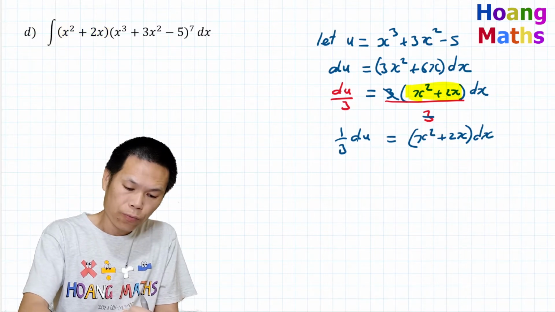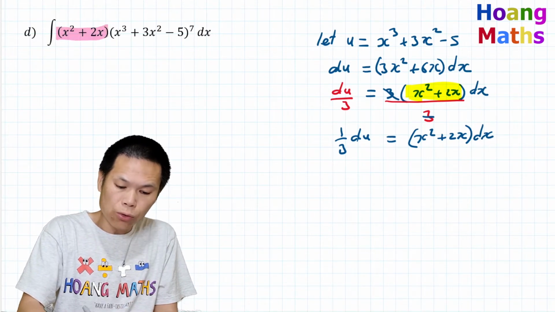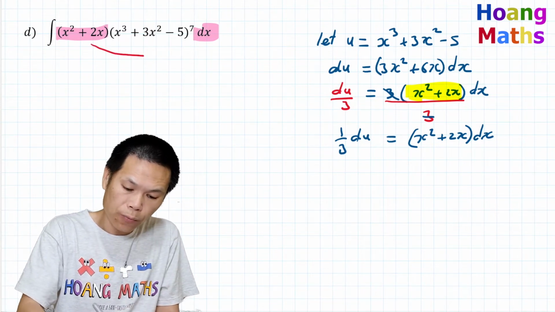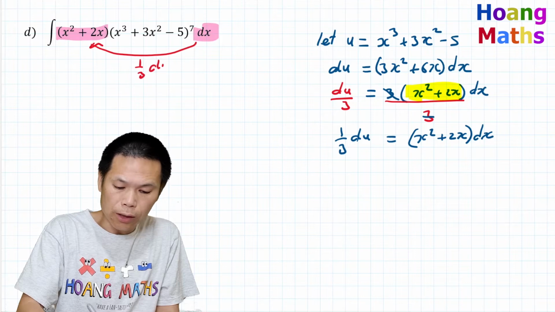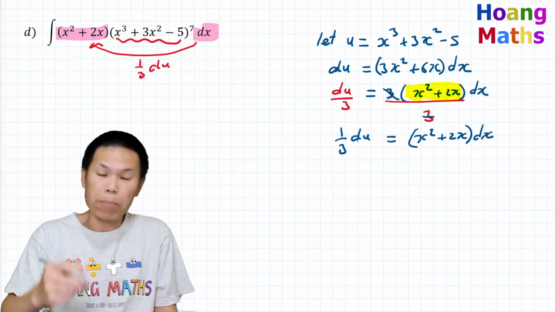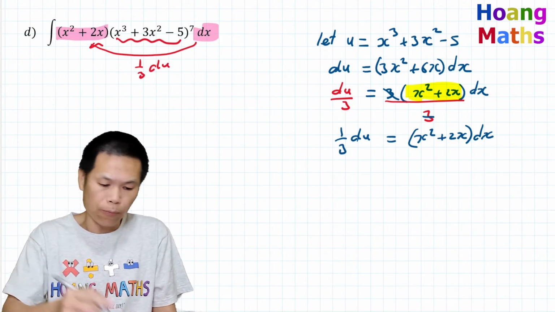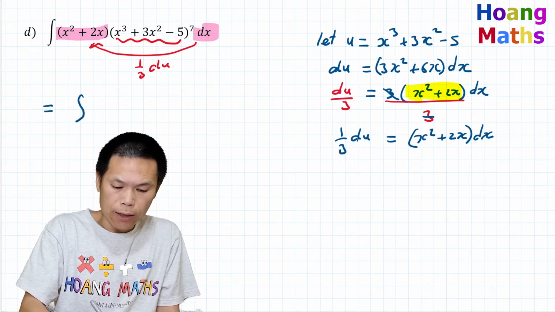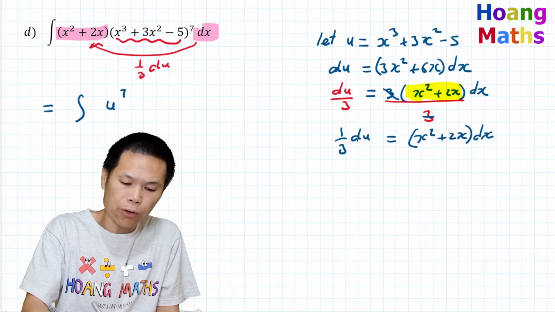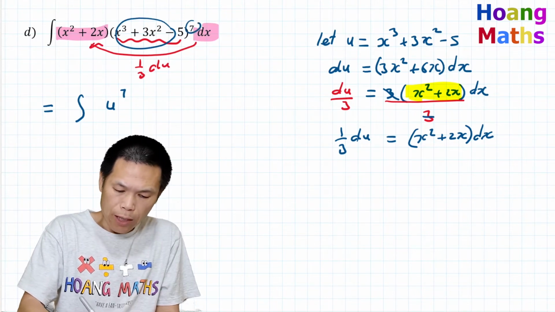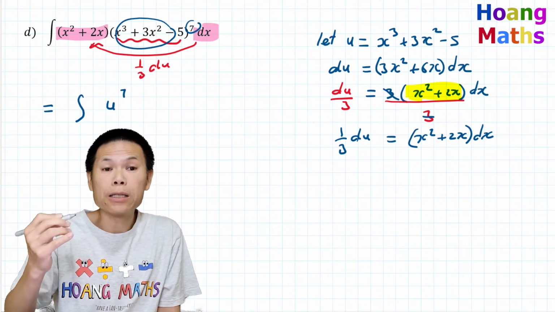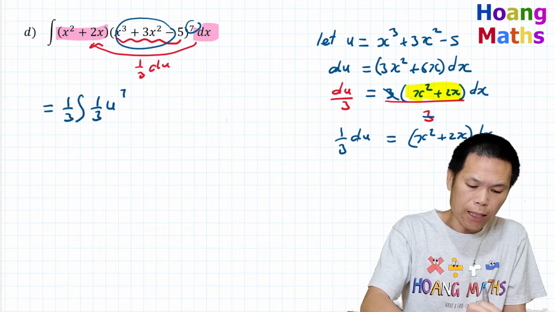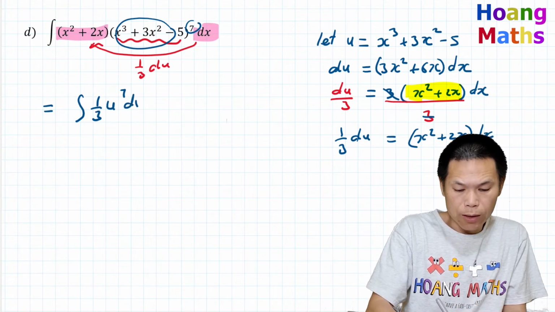So these two terms together give me a third du. And this is u, and power 7 means u to the power 7. So that becomes equal to the integral of u to the power 7 times a third du. I can write a third here, or I can write a third here if I like, and then this is du.